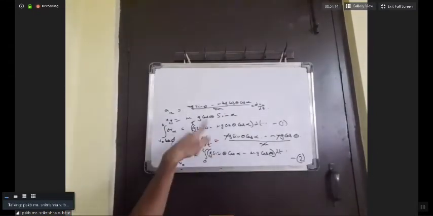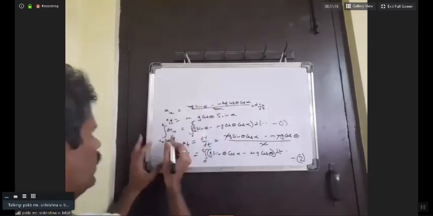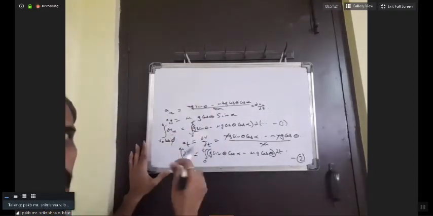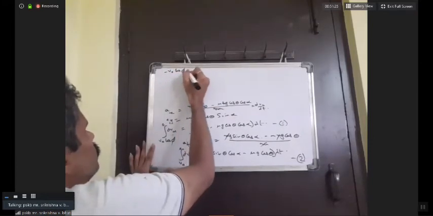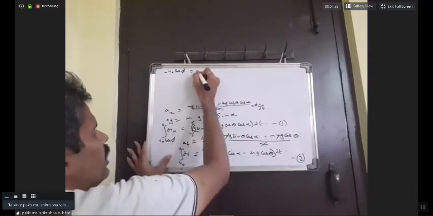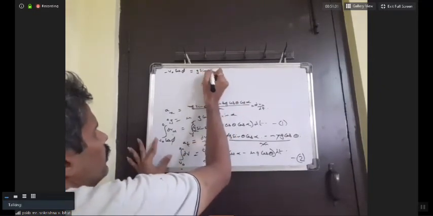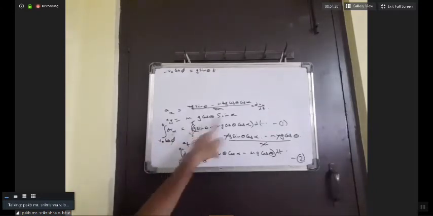Okay, so we'll now work with these two equations. If you simplify these two equations further, you can also write integration of dvx will be vx, and you substitute limits, you will get minus v naught cos phi. And the right hand side's integration you can write as g sin theta into t, because g sin theta is a constant. So g sin theta into t will be integration of g sin theta dt.